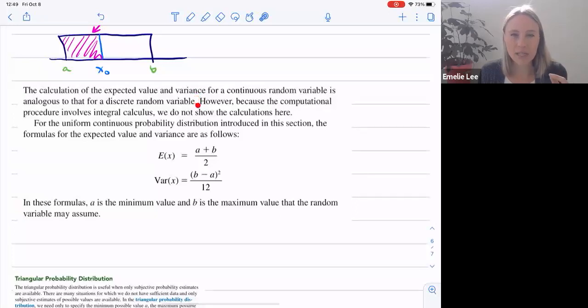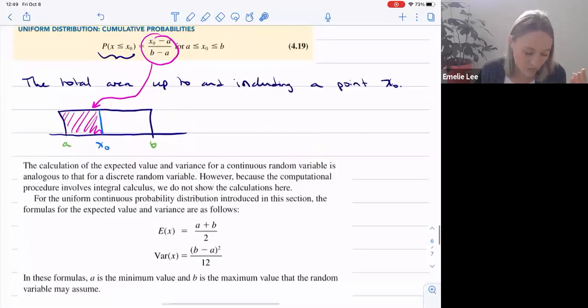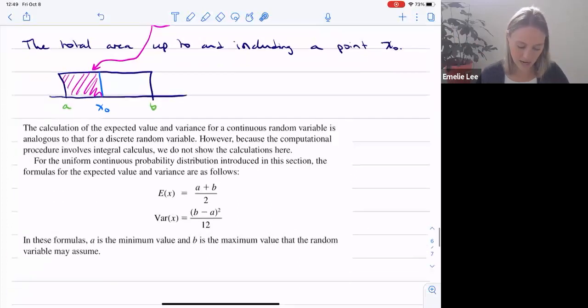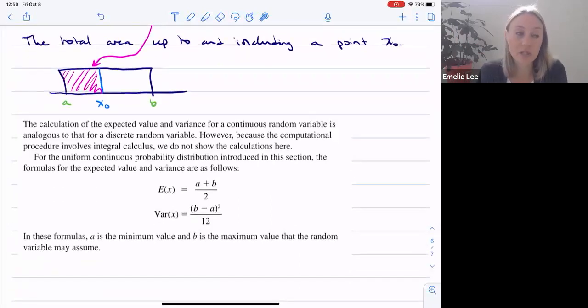But unless you're really up to snuff on your Calc 2 stuff, where we have to integrate to find the areas under the curve, that's going to get a little tricky. So we're going to avoid that, and we're going to let software do it. We can still find expected values, and even these probabilities that we're going to talk about, software is going to do that for us. So it just helps to know why we are doing it, and then the how is going to be using software.